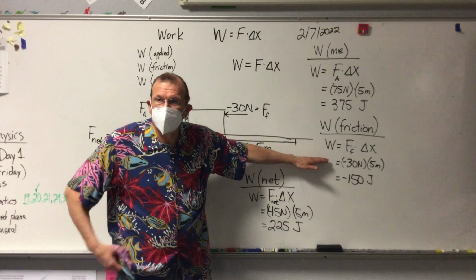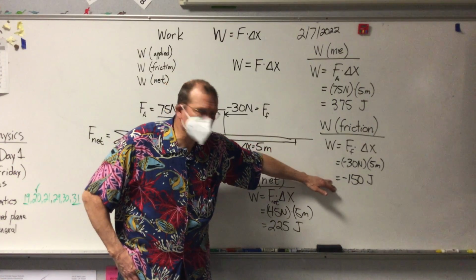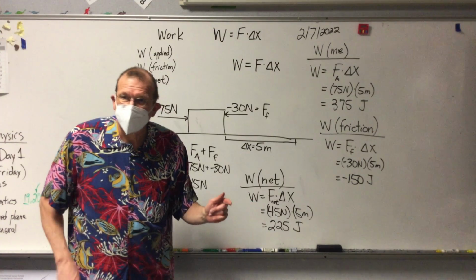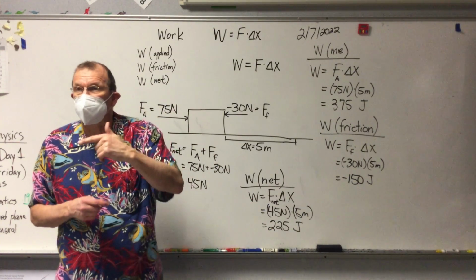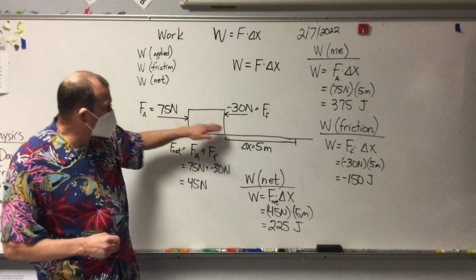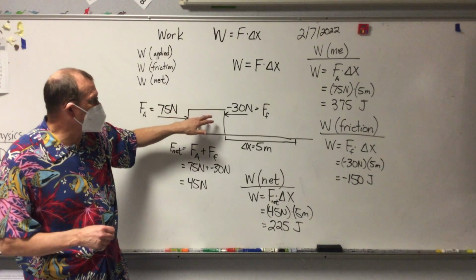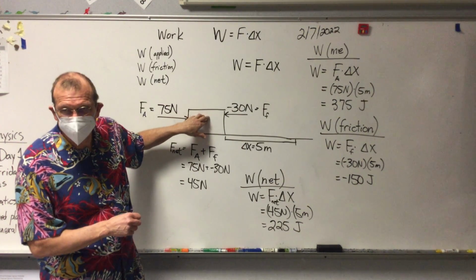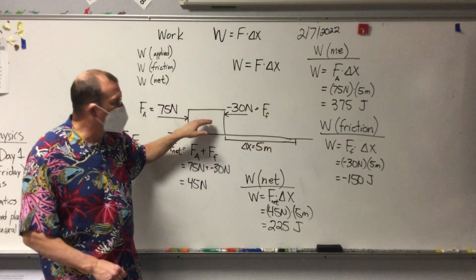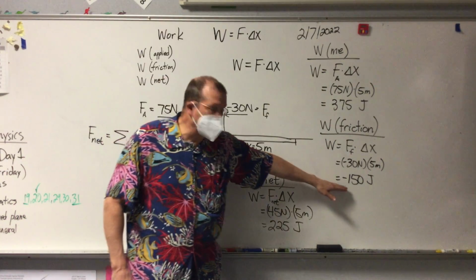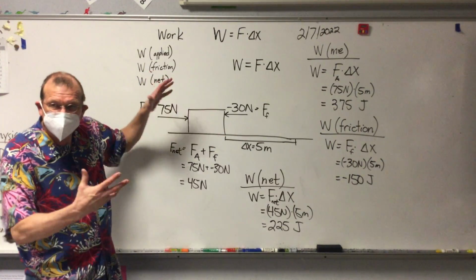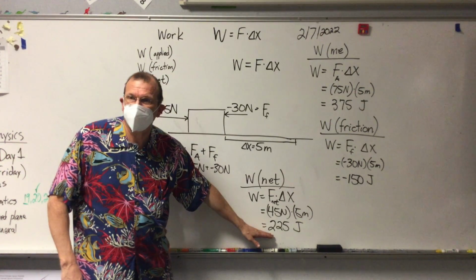And it did work as well, but its work was negative. And because it was negative, it worked against the positive work that you did. So when someone looks at how much work was done on this box, they're not going to see all 375 of your joules. They're not going to see all of the negative 150 joules, but what they will see from outside of the situation is this net number of joules.